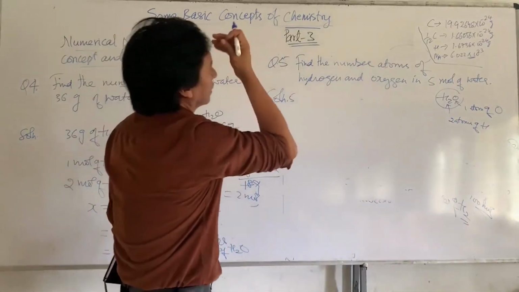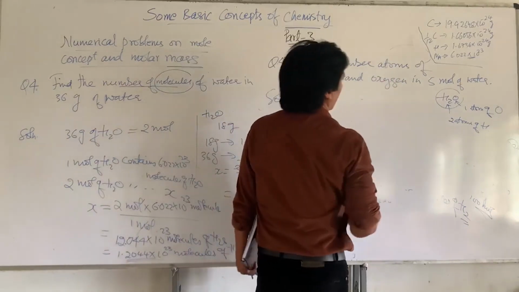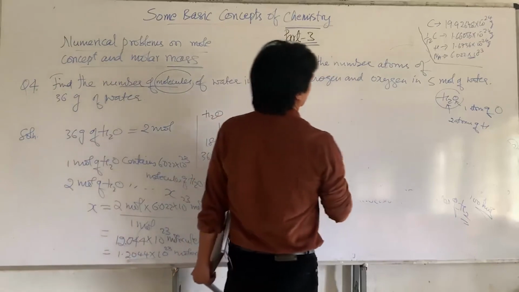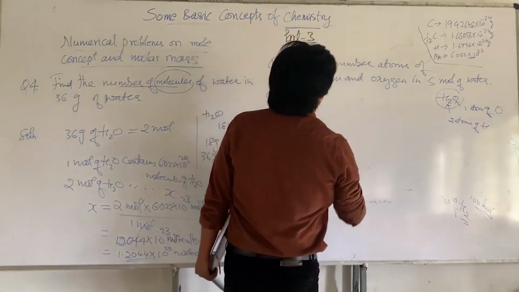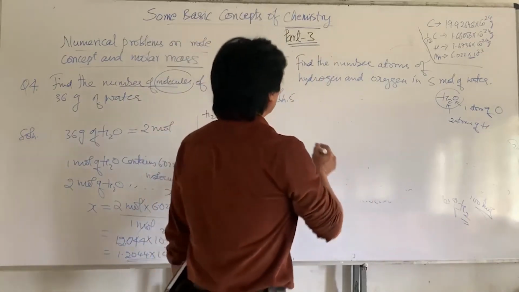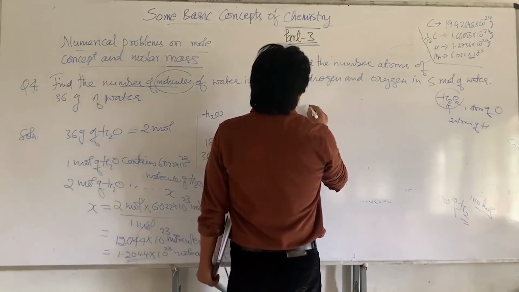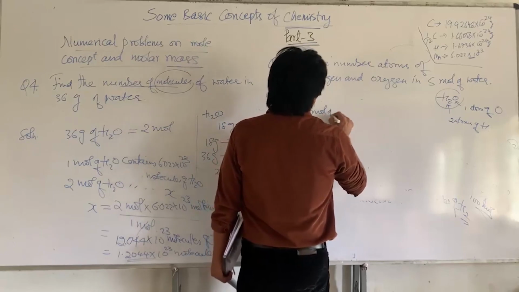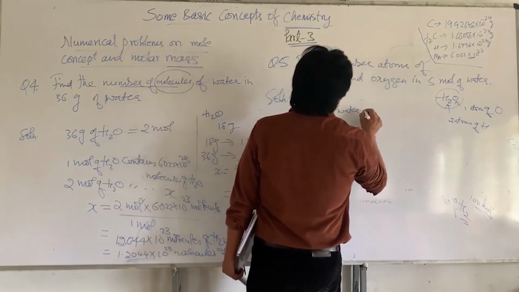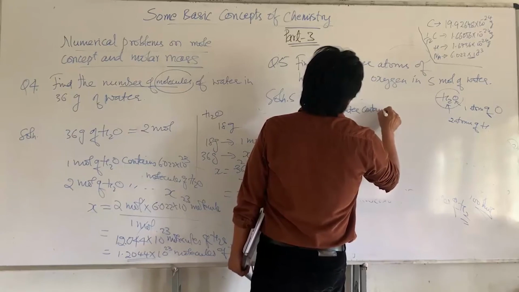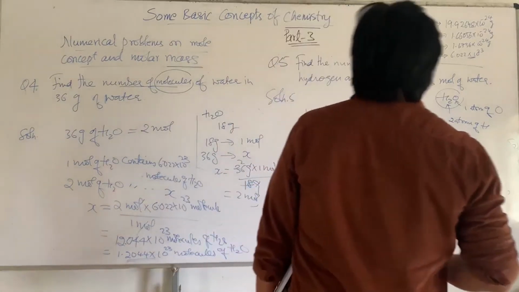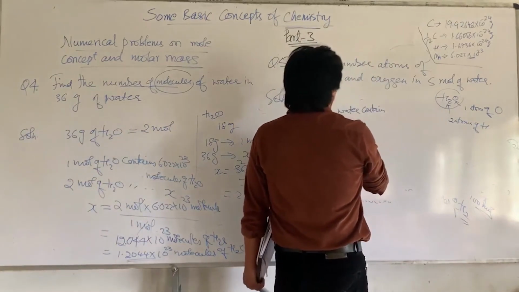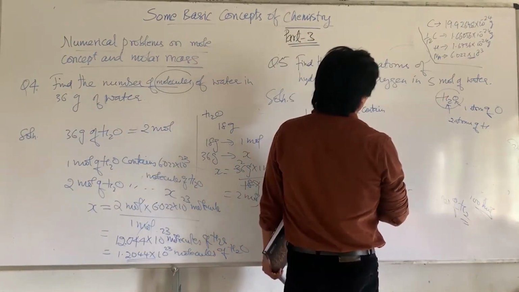Now, see, in 1 mole of water, you have 6.02 into 10 to the power 23 molecules. So 1 mole of water contains how many atoms of oxygen?